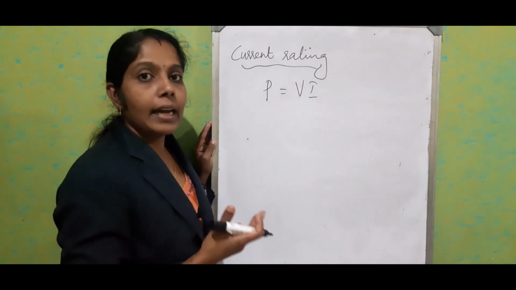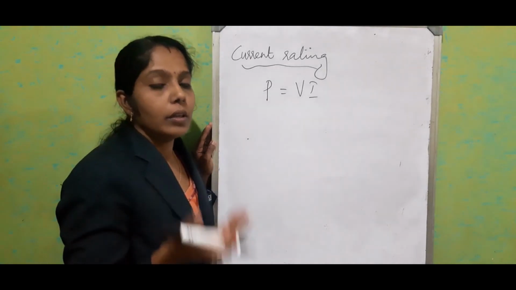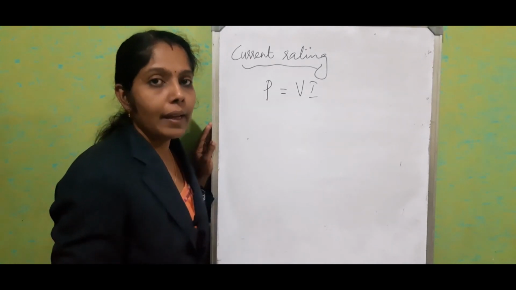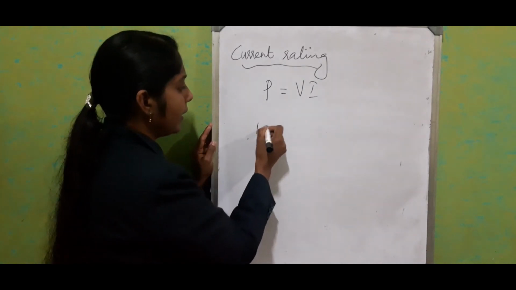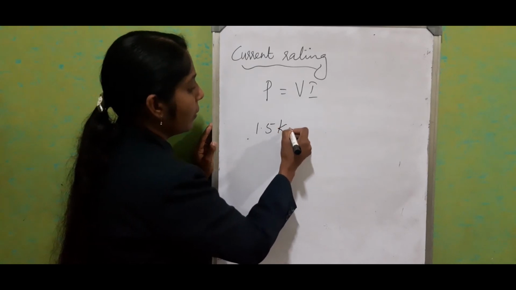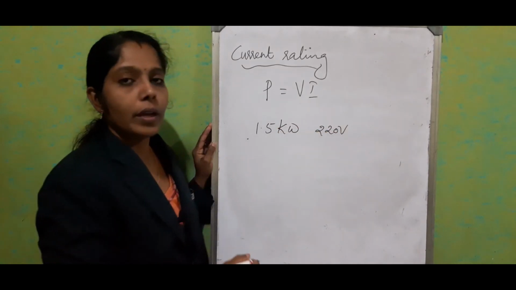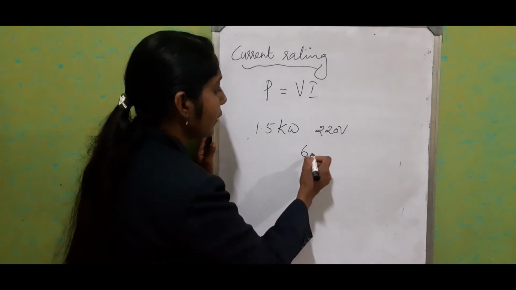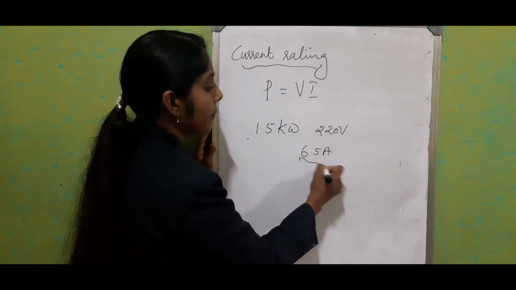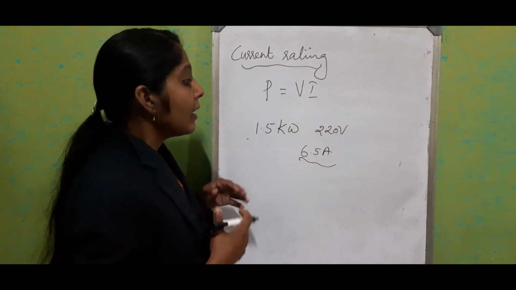Let's consider an electric motor, the electric pump we are using for drawing water from the well, and the mixer grinder motor. Just consider it has a power of one kilowatt and it's working at 220 volt. If we find out the current rating, it will come in the range of 6.5 ampere, not exactly, around 6.5 ampere.